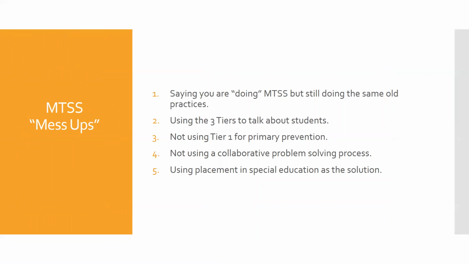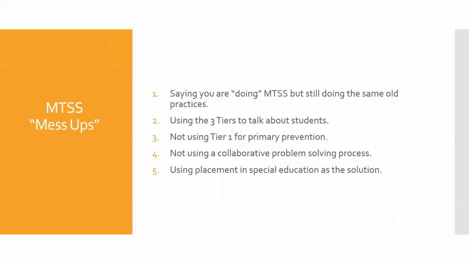So the topic for today are MTSS mess ups and what are some of us misunderstanding about MTSS. So here are the top 5 according to Stephanie Stoller's presentation through Patton's Literacy Symposium. Her top 5 are, number 1, saying you're, quote, doing MTSS, but you're actually still doing the same old practices. The second one she talks about is using 3 tiers to talk about students.